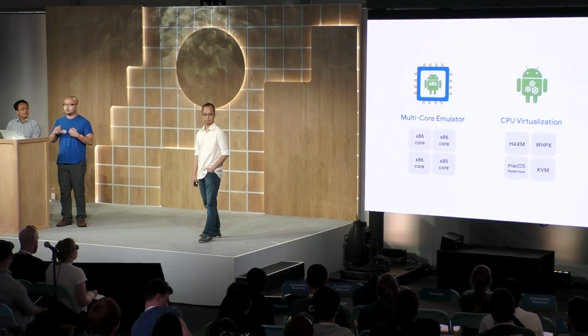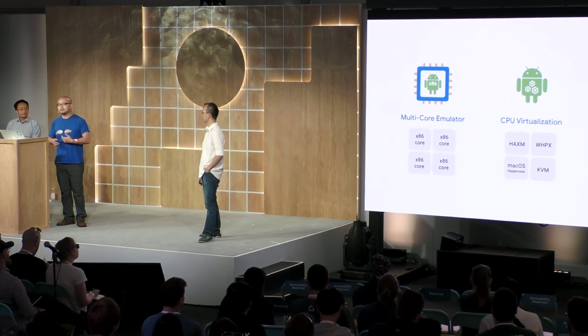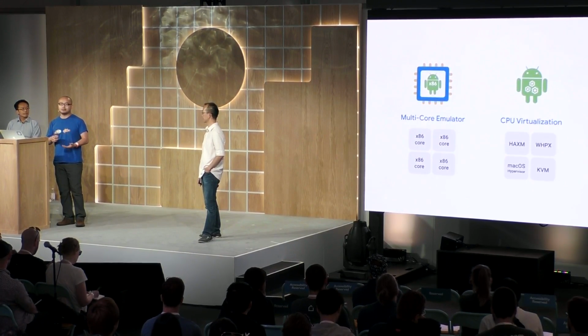That required the emulator to look at every single instruction and decode them while translating them to their x86 equivalents. This is how most emulators work these days because of the architectural mismatch between the guest operating system CPU architecture and the host CPU architecture. But with the Android emulator, we decided to run x86 on x86.